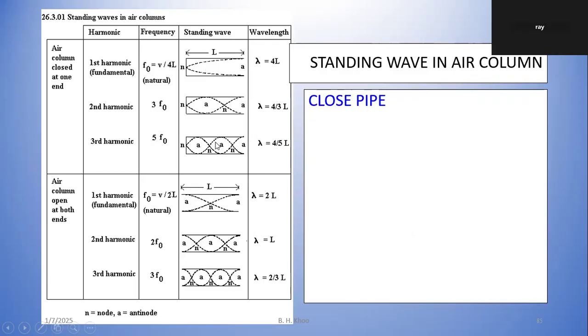Okay, so that is summarized for you. Standing wave in a closed pipe or closed tube, and in an open tube or open pipe. Fundamental wavelength is 4L for closed, and fundamental wavelength is 2L for open. That's how we get our fundamental frequency.